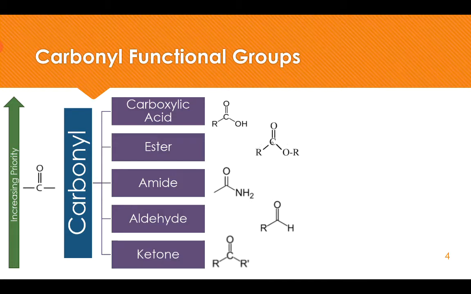Esters have a bond to an O, and then that O is attached to an R group, so a carbon something or other.